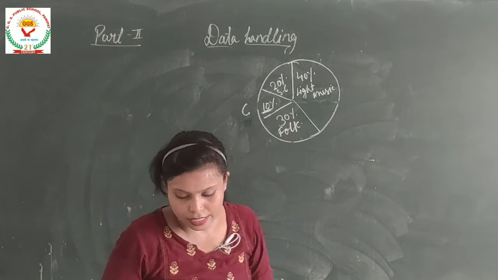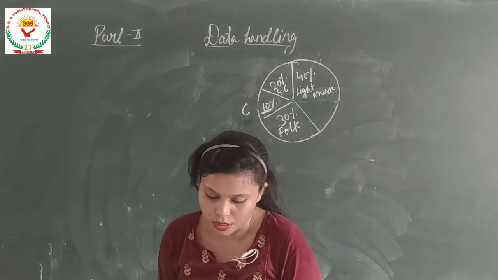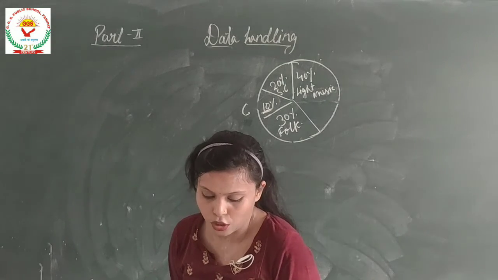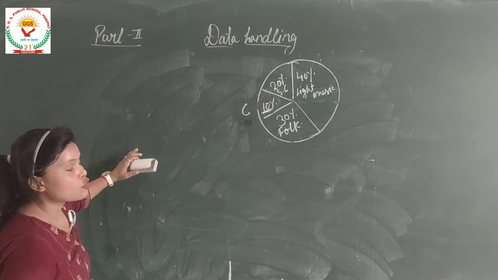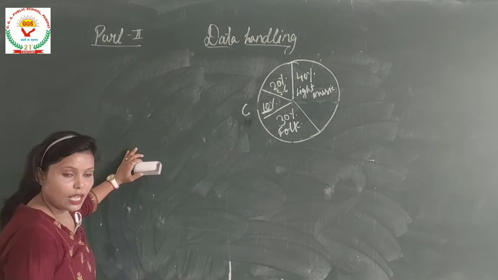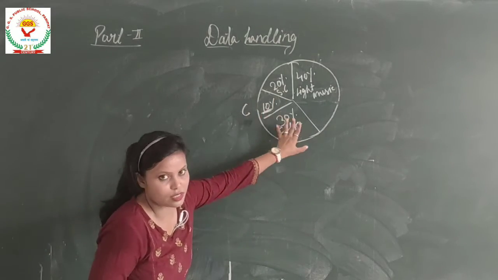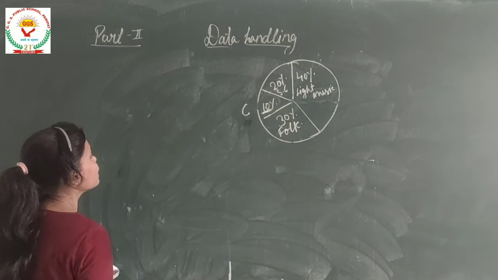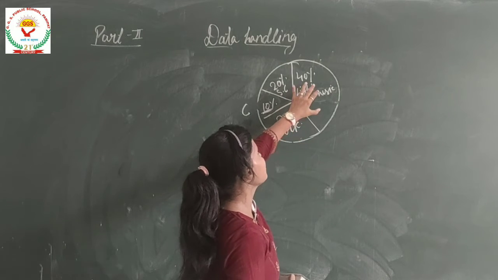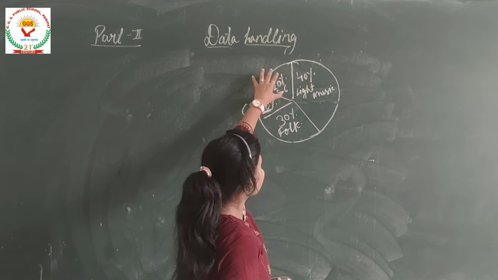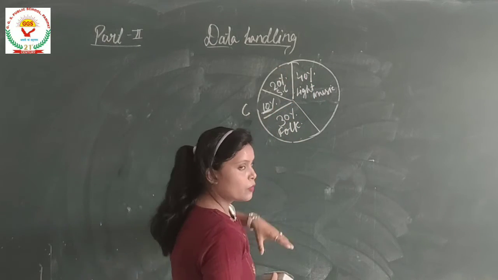Let's do question number 3. Question number 3 says, if a cassette company were to make 1000 CDs, how many of each type would they make? A company wants to make 1000 CDs and distribute them according to this. So we need to find how many CDs 30% will take, how many 40% will take, and how many 20% will take.